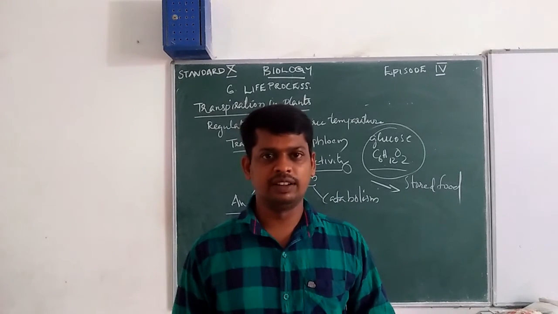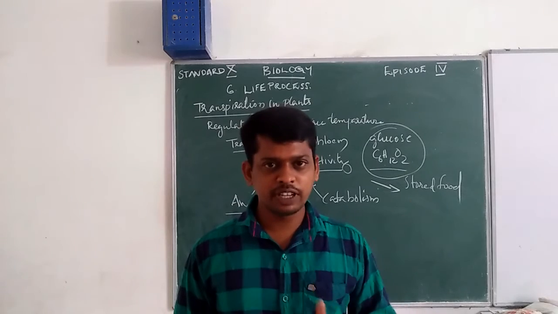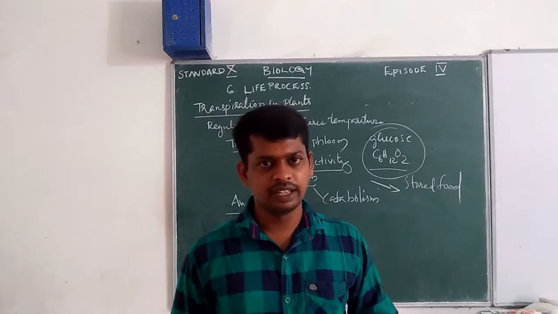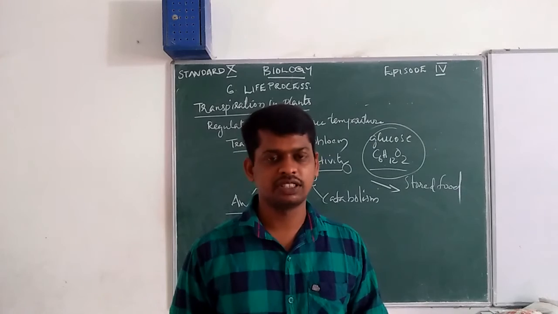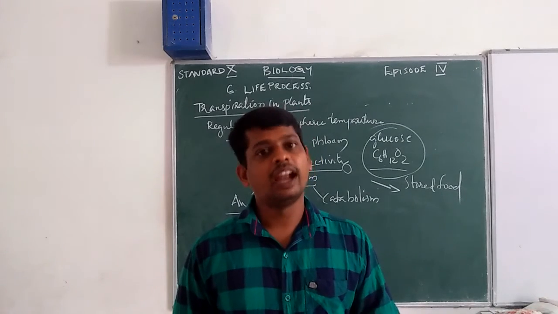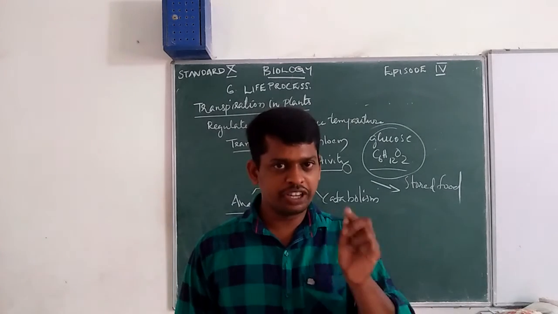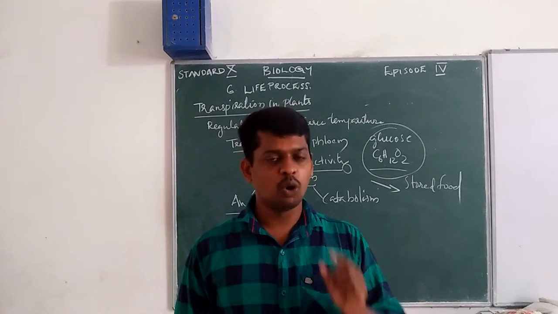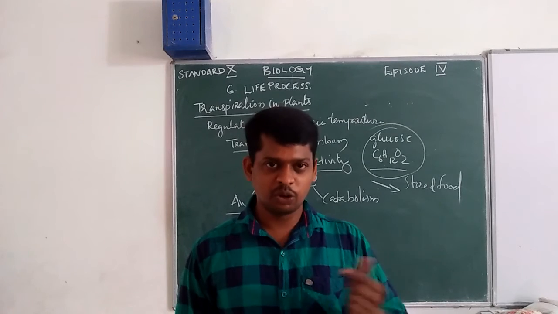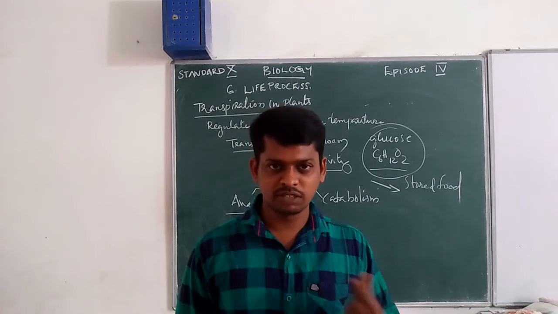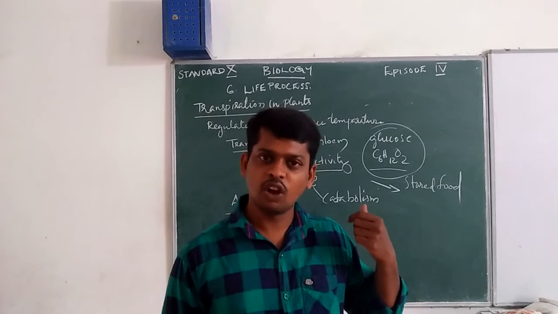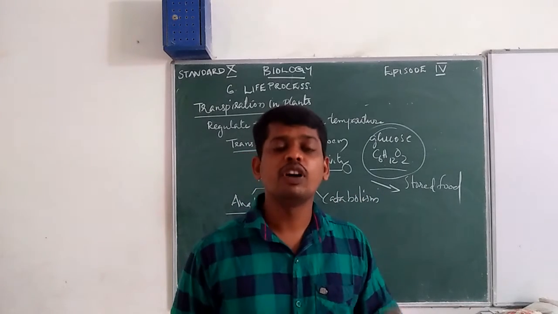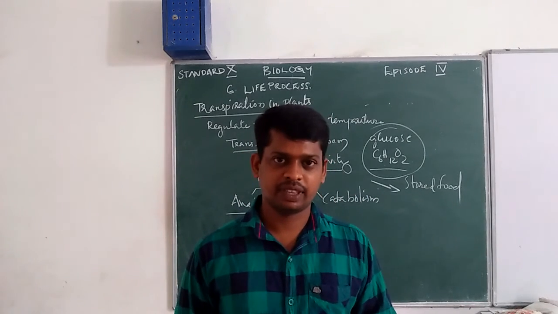In the atmosphere, the largest component is nitrogen, that is 78%. And the remaining 21% is oxygen. This oxygen and carbon dioxide regulation is possible by the process of photosynthesis.